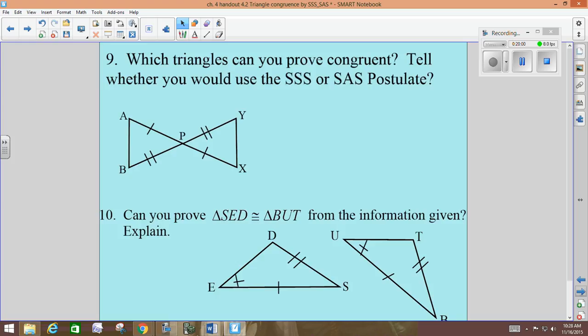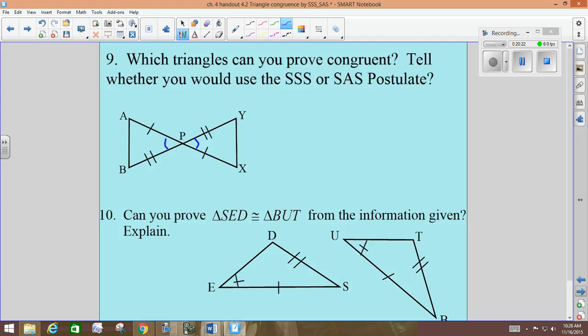AB is not congruent to YX. Okay. Could I use side, angle, side? How? Why? Vertical angles. Good. When you mark those vertical angles, then you can see that it's side, angle, side. It's the angle that's between the two sides.